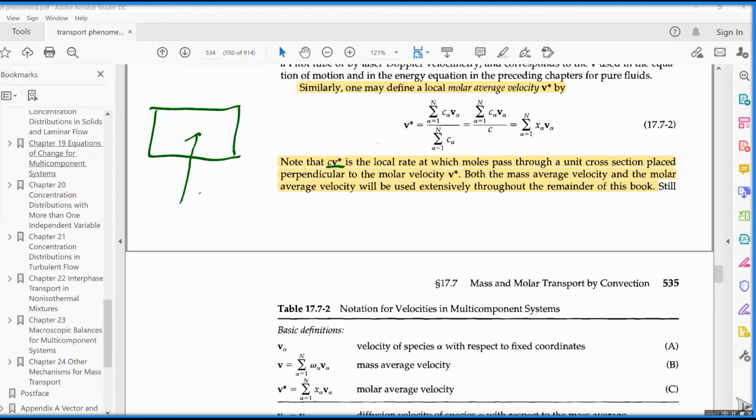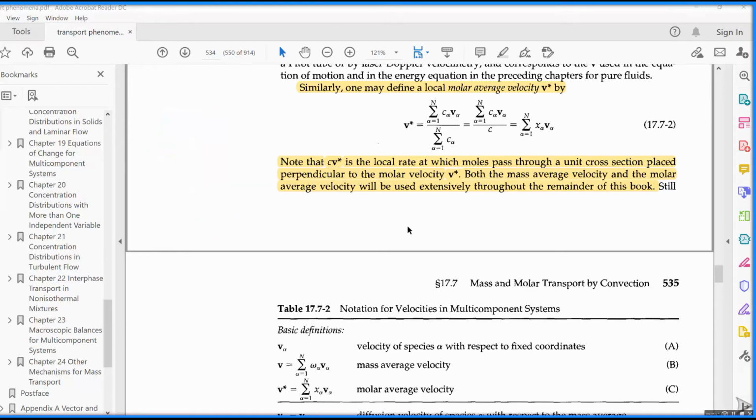So C V star gives the moles flowing through the unit cross section perpendicular to the molar velocity V star. Before, we obtained rho V, the mass passed through this cross-sectional area. C multiplied by V star is the molar flux through this area. These are different from each other.